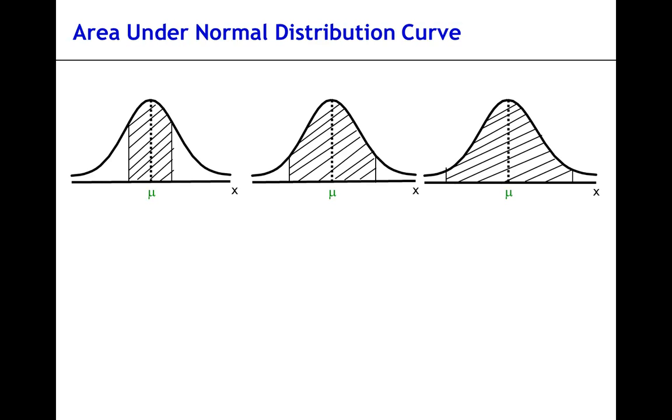Regardless of the shape and size of the normal distribution, there are some known properties that apply to any normal curve. The first diagram shows that approximately 68% of the area under the curve is within one standard deviation from the mean mu. The second diagram shows that approximately 95% of the area under the curve is within two standard deviations from the mean.